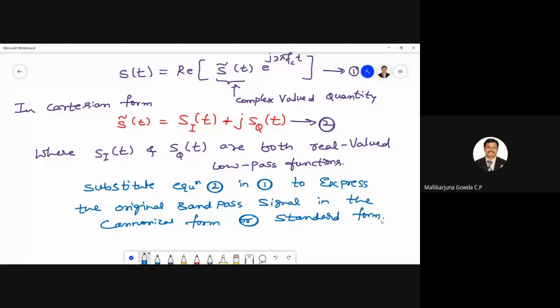If you do that, what are you going to get? Wherever s tilde of t is there, you substitute s_I of t plus j into s_Q of t.